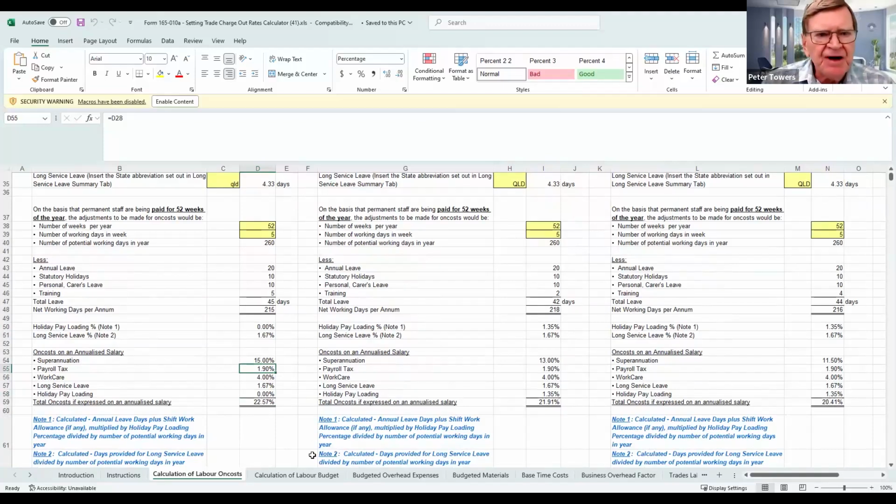Now, my observation over the years has been that many tradies forget all about the labour on costs. And you can see what the percentages are here, 22.57, 21, 20.4. They're a considerable cost. Whether your client is going to put some of this money into a separate bank account, so they're building up the cash holding, that's up to you.